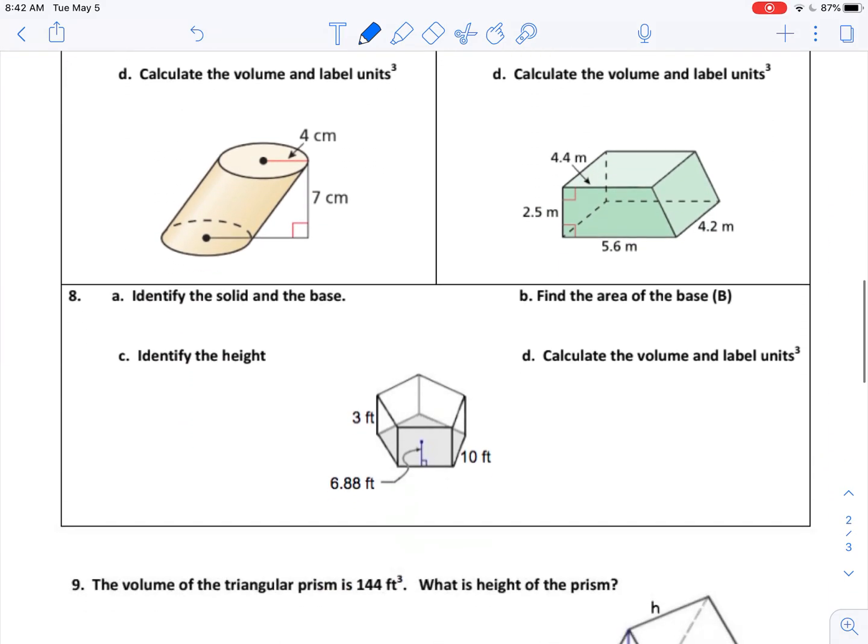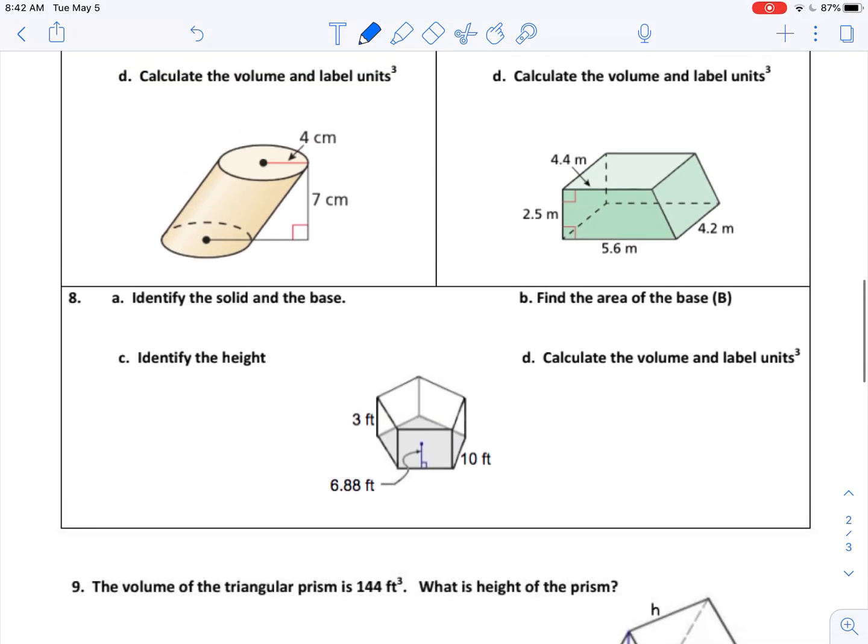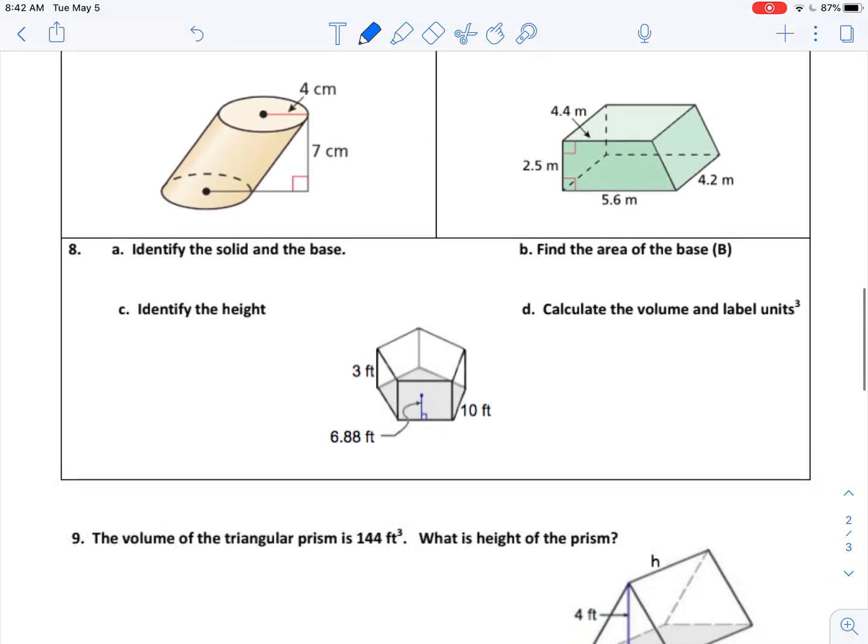And I'll fill the rest of these out here, and I will post the completed notes to the classroom, but I want to talk about 8. You've got to know your solid and the base. This is a pentagonal prism because these non-rectangular sides are pentagons.